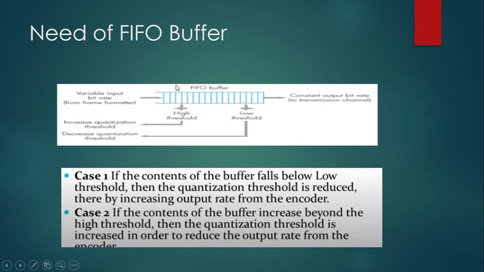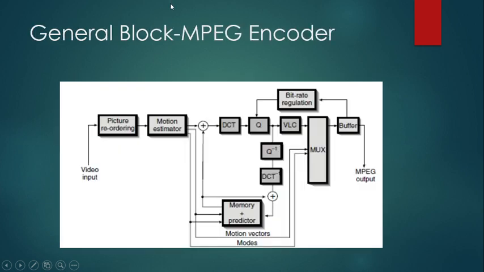So we can place a first in first out buffer. This is a general block diagram of the MPEG encoder, in a very simple way. It gives only a poor idea of the actual complexity of MPEG encoding and decoding. We may have picture reordering, which we explained in the last section as to why it may be required, then motion compensation or estimation techniques, and a first in first out buffer placed for bit regulation.